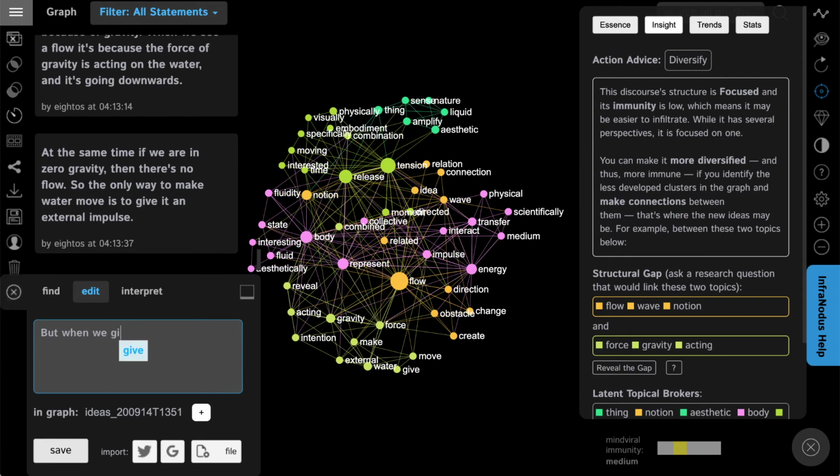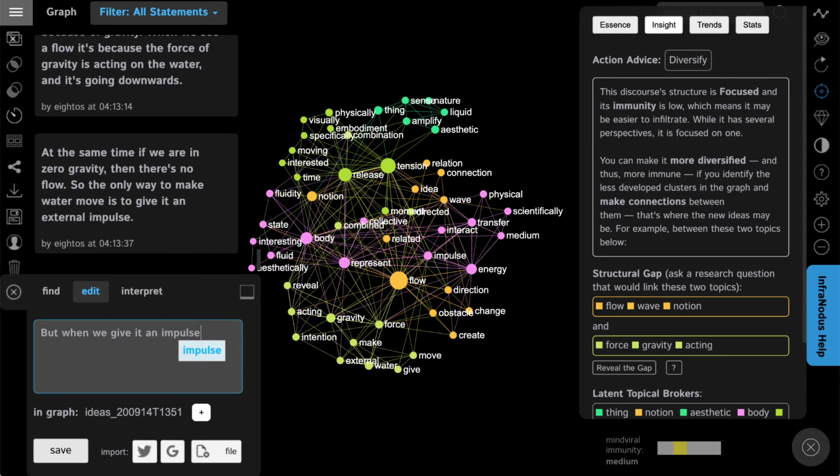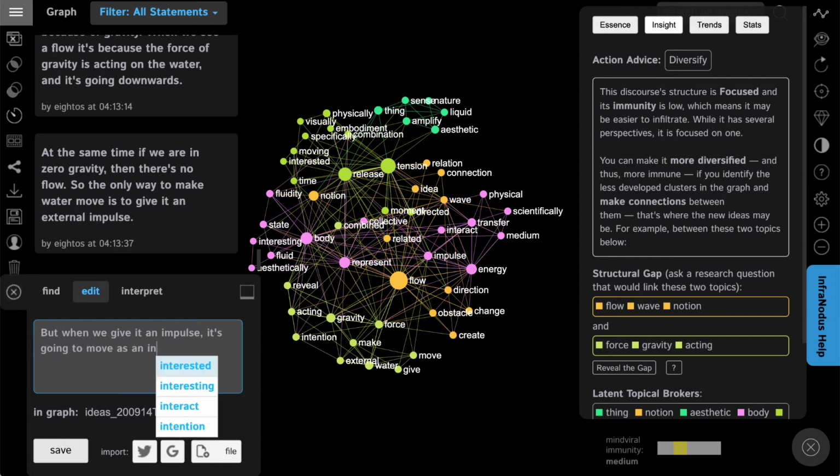But when we give it an impulse, it's going to move as an integral entity.